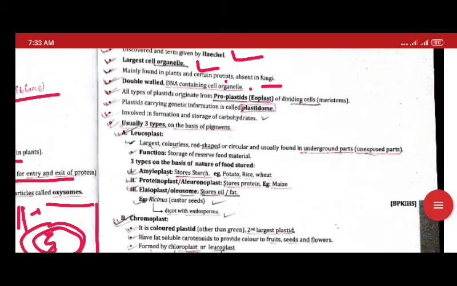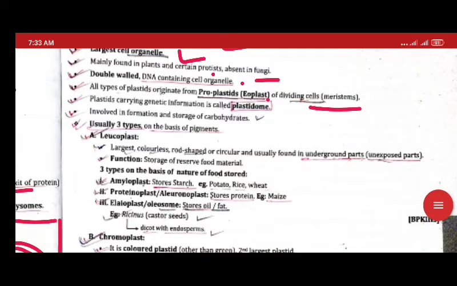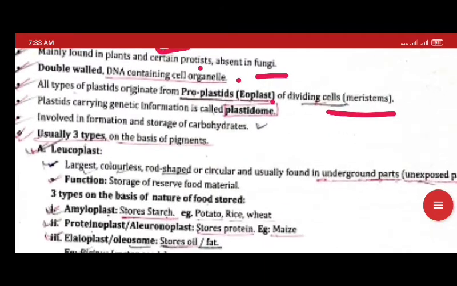Now plastids originate from pre-plastids, called proplastids or eoplasts, by division of meristematic cells. Now the plastid has genetic information, called plastidome. Plastids are involved in storage of carbohydrates.